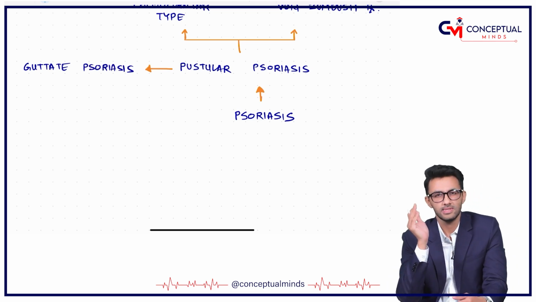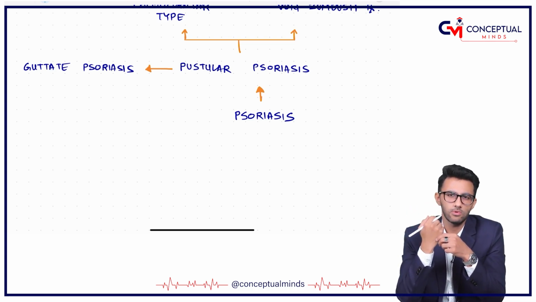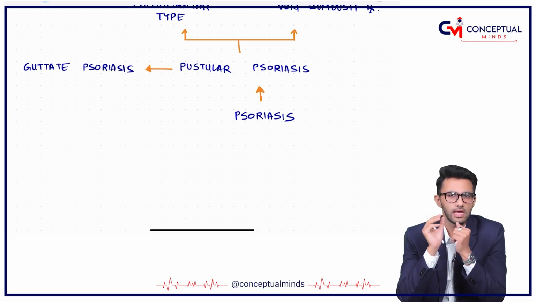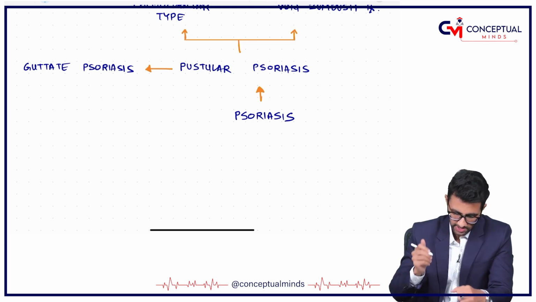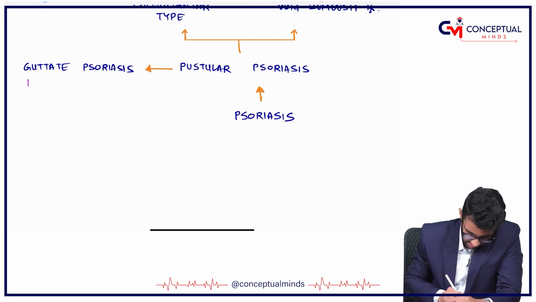This is a very classical type, yes, in which the lesions are almost like there is some raindrop on the skin, right? So the highlight word for the guttate psoriasis is going to be raindrop lesions. All right, so let me just write that down real quick. Raindrop lesions will be there.